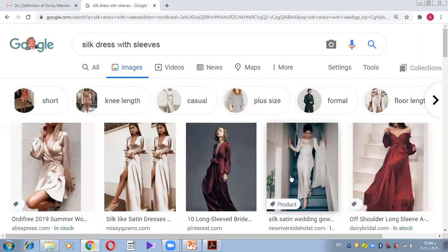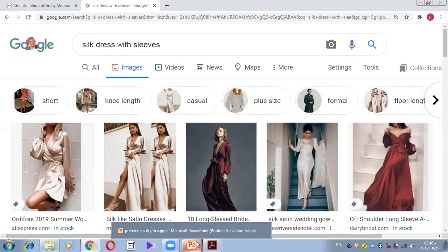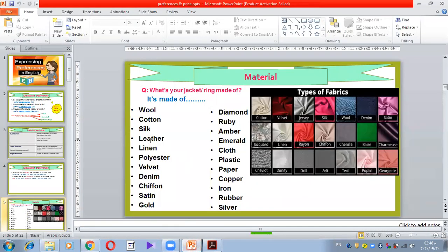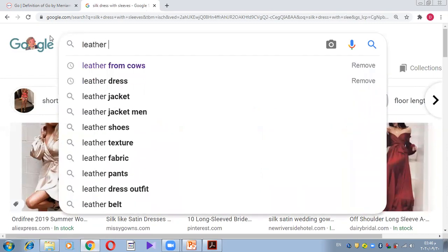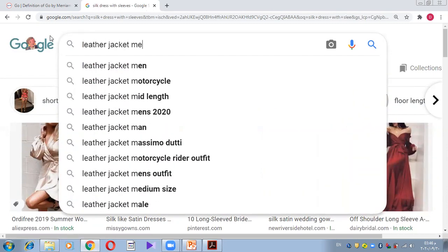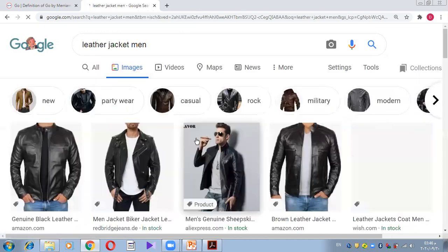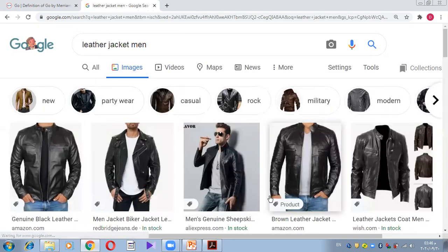So silk, it's made of this. Okay, let's see the next word. Leather. What is meant by leather? Leather jackets, you can say. Okay, that's leather, guys.